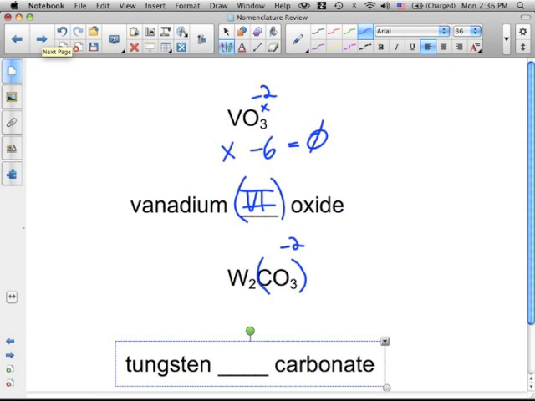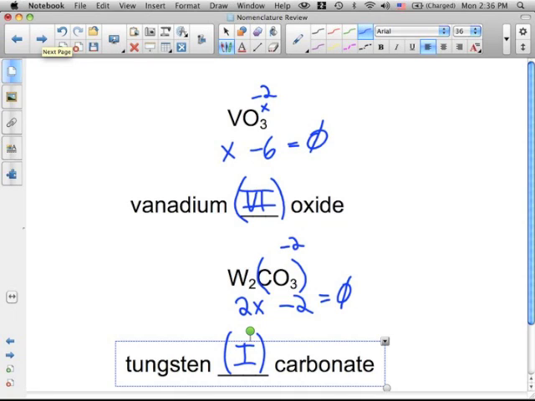How many carbonates are there? There is only 1. So this total is -2. How many tungstens are there? There are 2. 2x minus 2 equals 0. X must be 1. Giving us tungsten 1 carbonate.